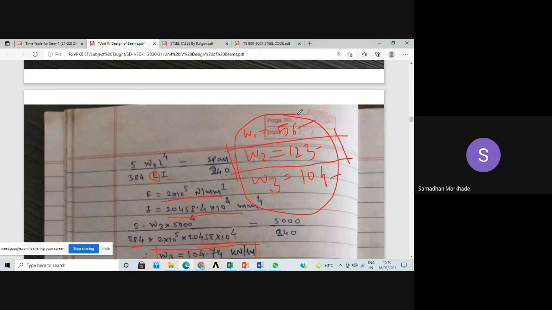When your load reaches 57, your beam is going to fail in bending moment criteria. 56 पेक्षा जास्त लोड तुमच्या बीम वरती ऍक्ट झाला, it means your beam is not able to carry it. In shear it is 123, in deflection it can carry 104. But in bending moment, when load increases more than 56, it is going to fail. So the largest load the beam can carry is 56.